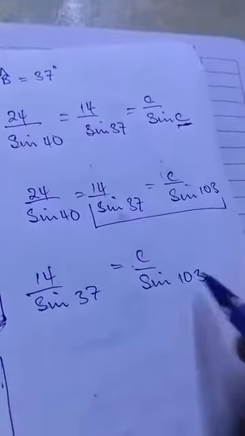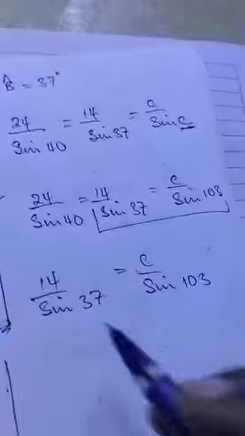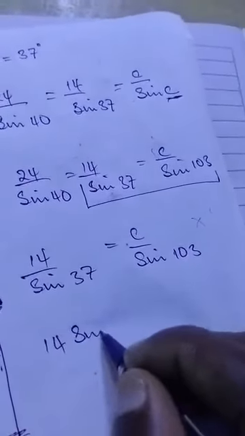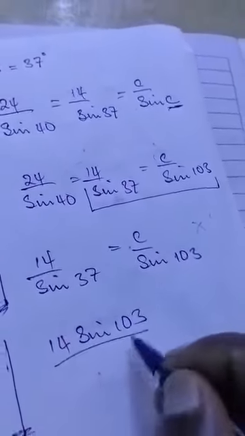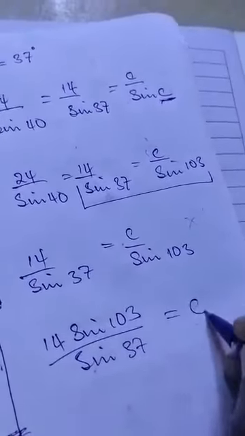To leave c alone, I cross multiply, such that I get c equals 14 sine 103 over sine 37.